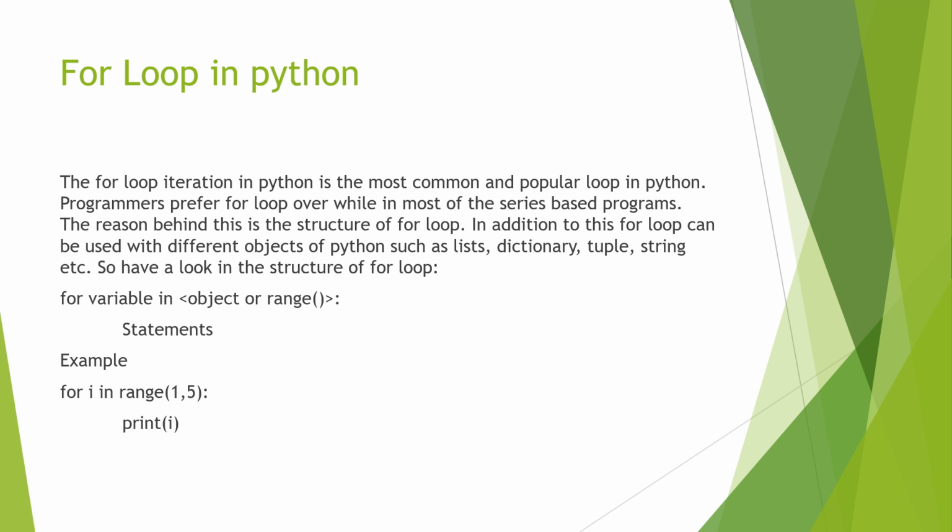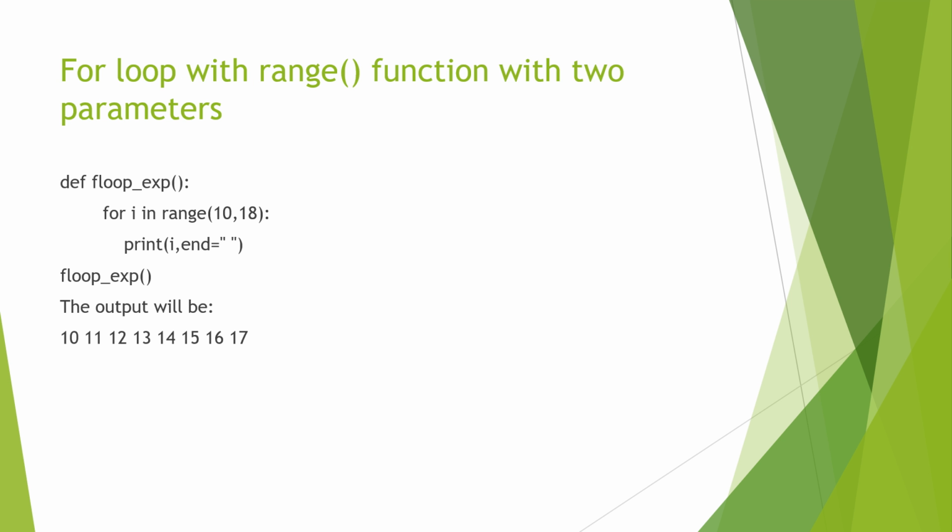The statement is for the variable I in range. In range is a reserved word. In brackets, the starting number and the ending number. So start from 1, print till 5, or loop 5 times. Print I. I is now 1, 2, 3, 4 and 5. After 5 it will not print, it will exit from the loop.